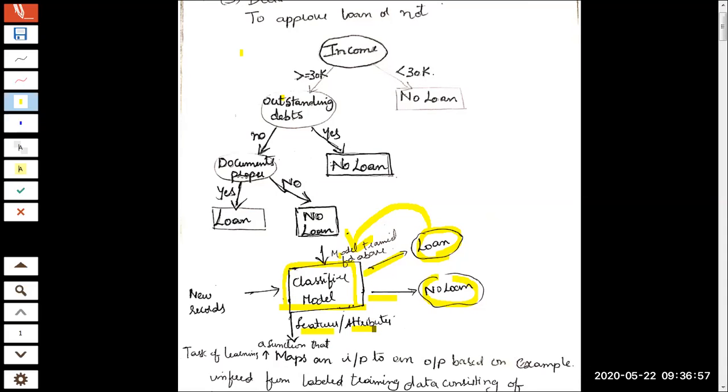What attributes will be taken into consideration? You are aware of it, you have experienced banking related aspects. The first thing is income. Before approving a loan, your existing income will be verified. So that will be one primary criterion. So that has become the root node.